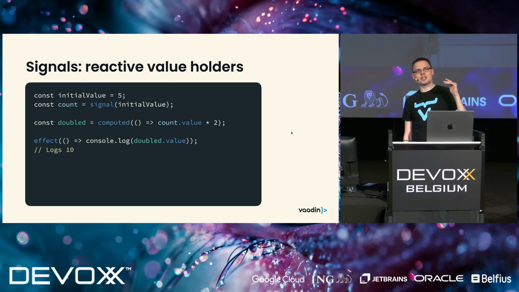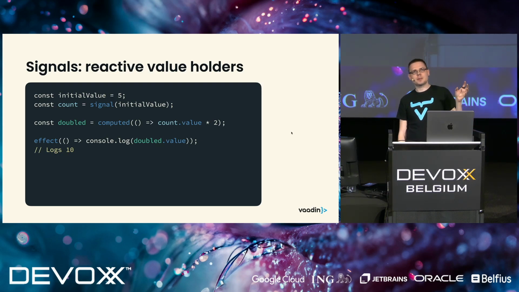Then, to make things actually kind of come alive, interact with the rest of the world, we need to do an effect. An effect in this case means that it's kind of a side effect, not just a pure functional world anymore, but a side effect. What our side effect does is that it logs the value of the doubled signal.